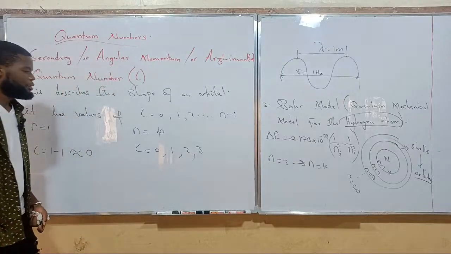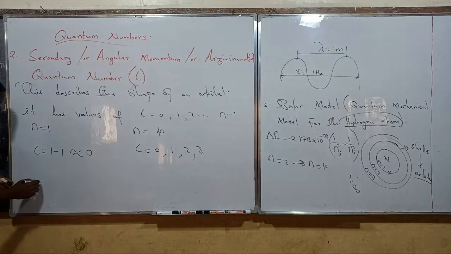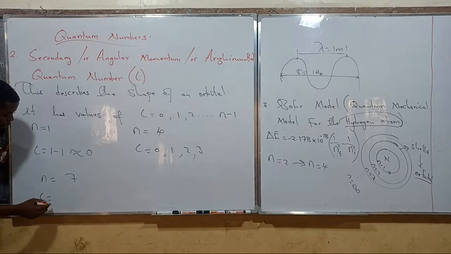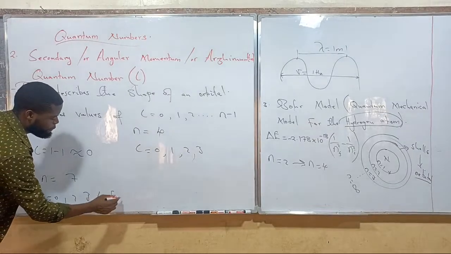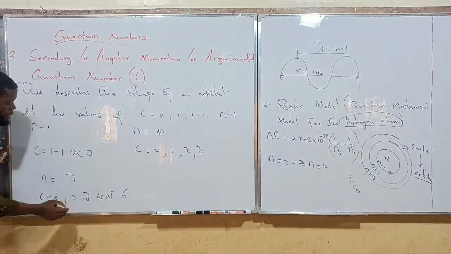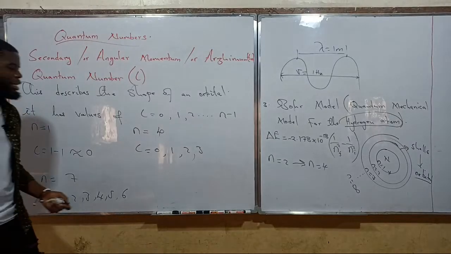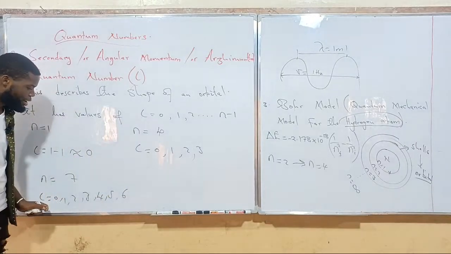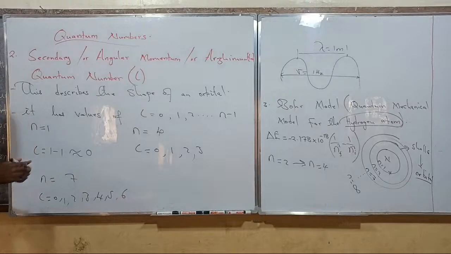I guess you can now pick up the pattern: if n equals 7, L will have values 0, 1, 2, 3, 4, 5, up to 6. If n equals 100, L will have values from 0 up to 99.